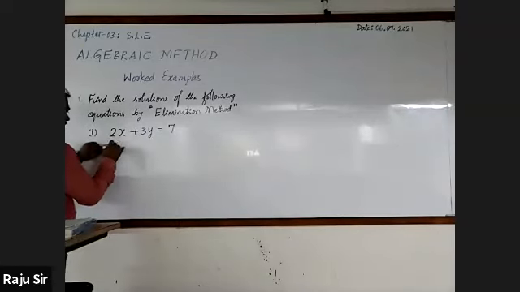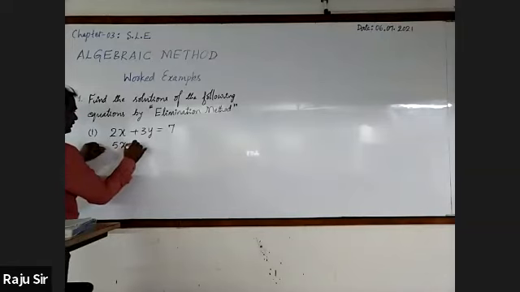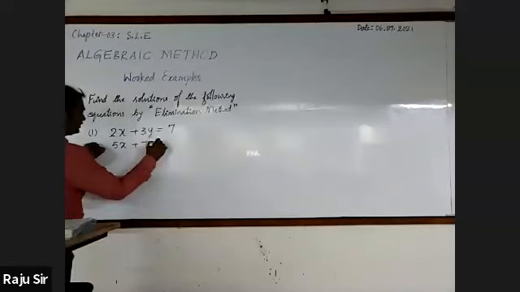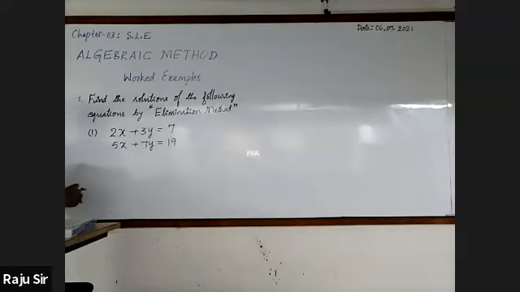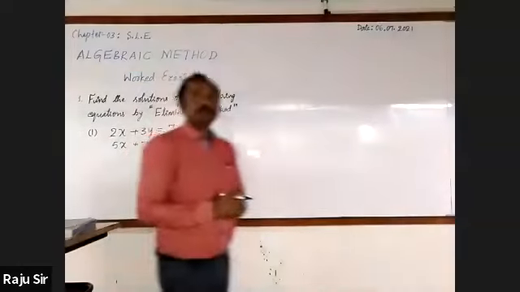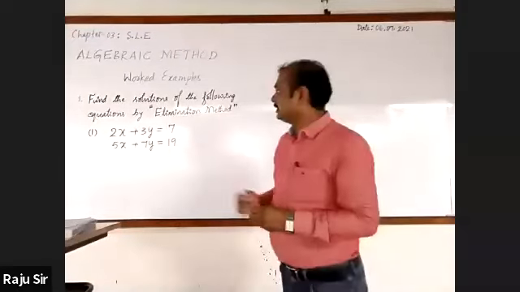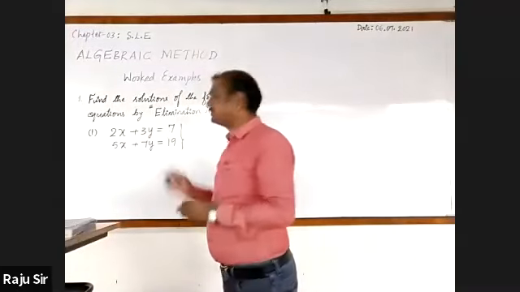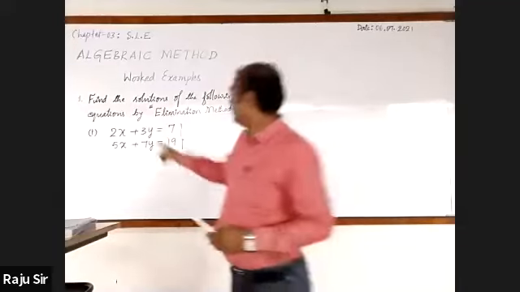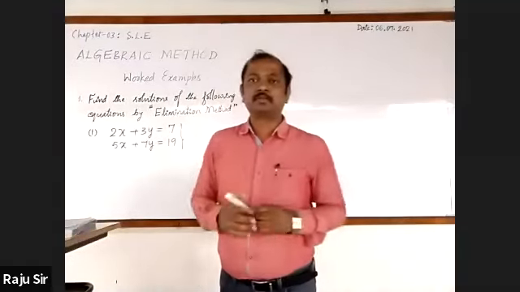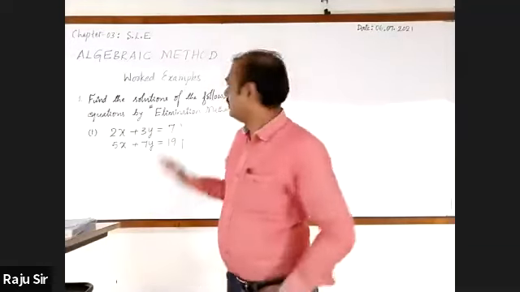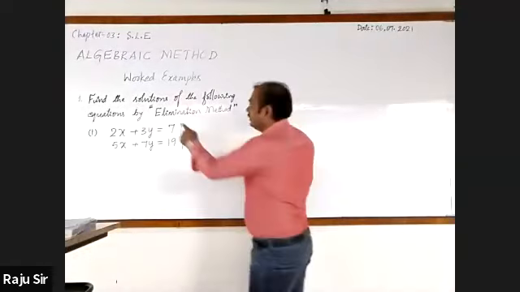Next, 5x plus 7y is equal to 90. See that in these two equations, we have only plus signs. No other signs are used. Please just observe.